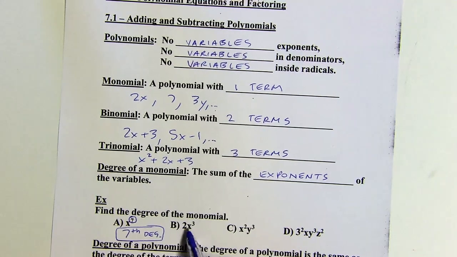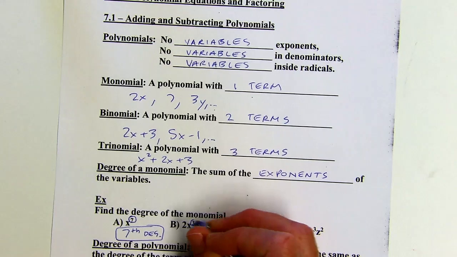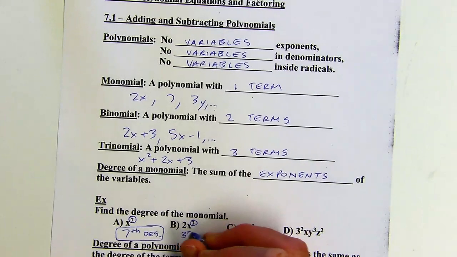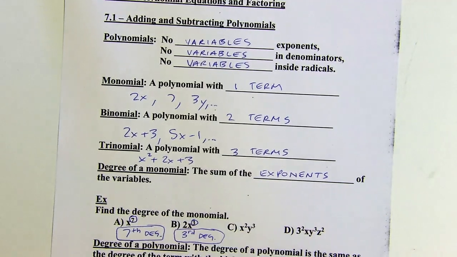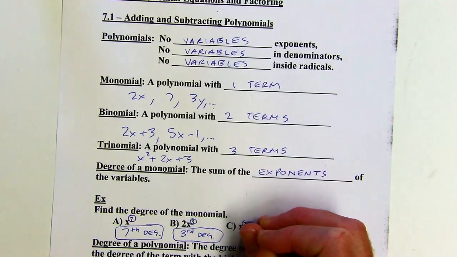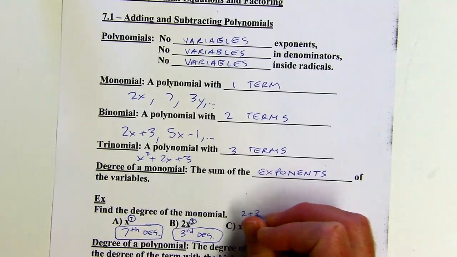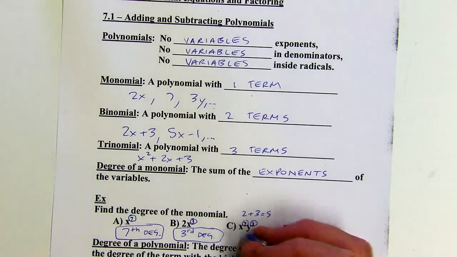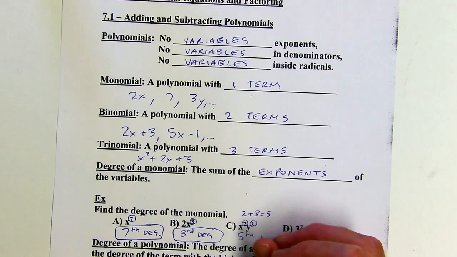For b, I'm only interested in exponents attached to variables, so that's the only one I'm dealing with there. So this one's 3rd degree. Okay, this one there's 2 different exponents, so I need to take them both into account. So I've got the 2 and the 3. So what I want to do with those is add them together, and so this is going to be a 5th degree monomial.